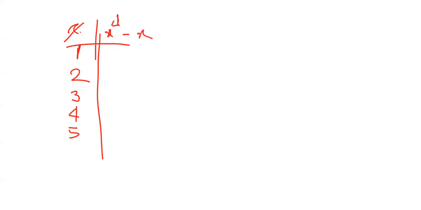Look at this as usual. This is our variable: 1, 2, 3, 4, and then 5. So we're looking at deviation. That deviation will be x minus x bar.